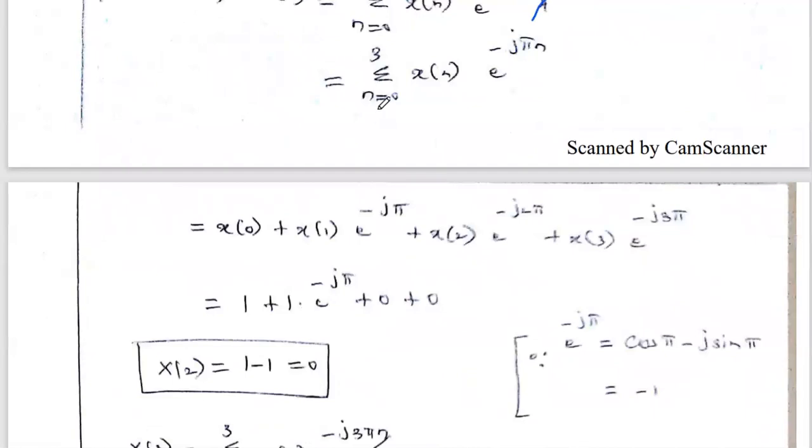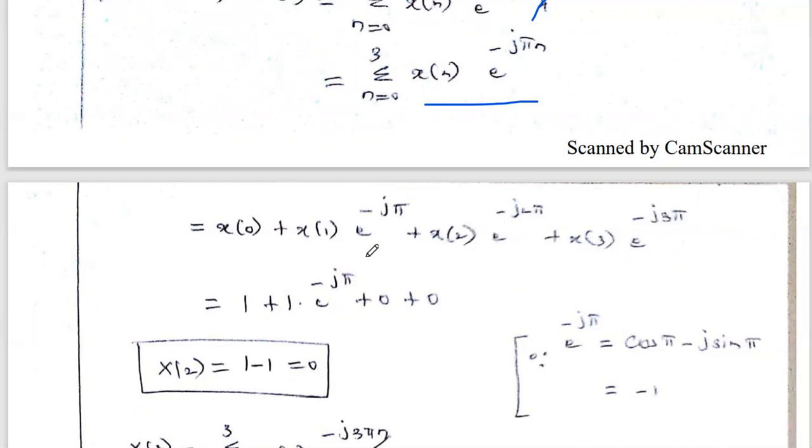So expanding, first put n equal to 0, we will get x of 0 into e power 0 plus x of 1 into, put n equal to 1, so x of 1 into e power minus j pi plus, put n equal to 2, so x of 2 into e power minus j 2 pi plus x of 3 into e power minus j 3 pi.